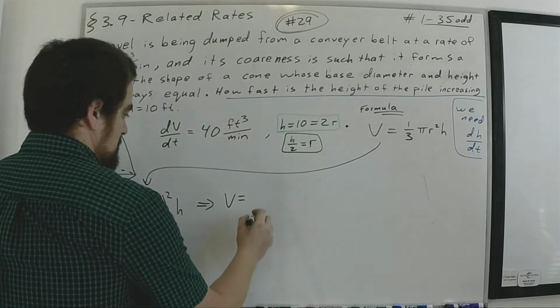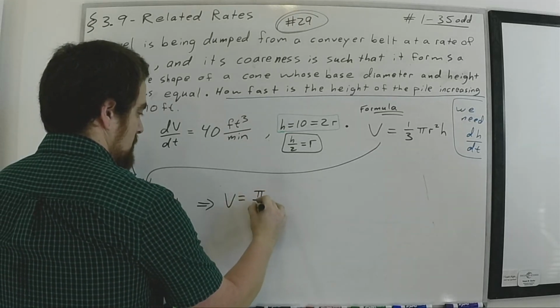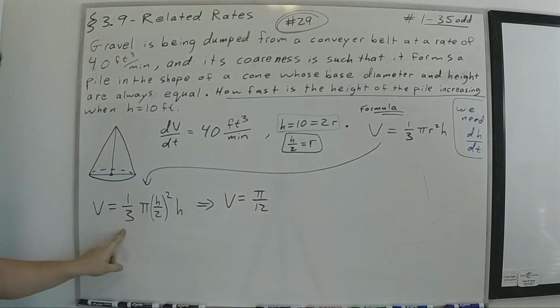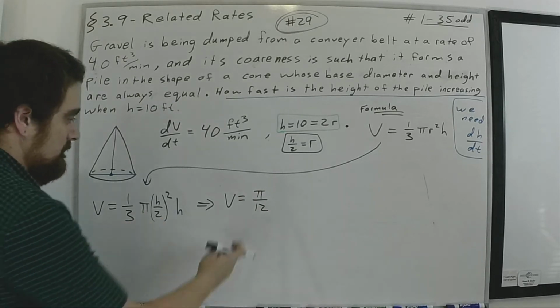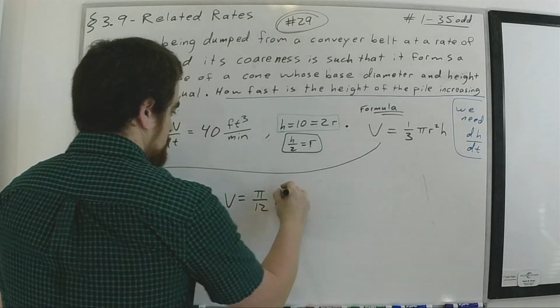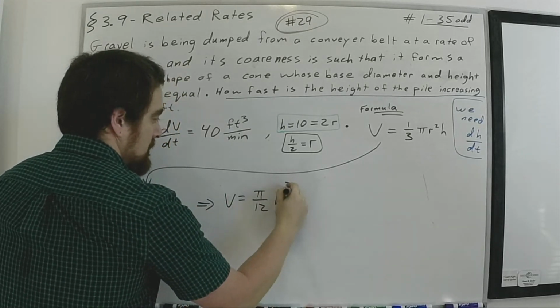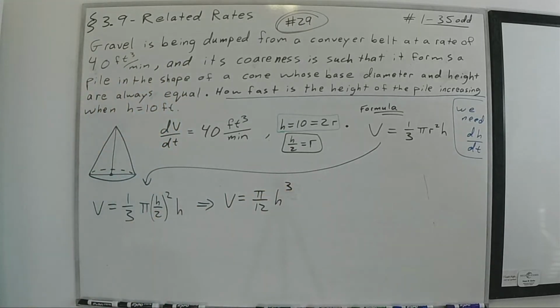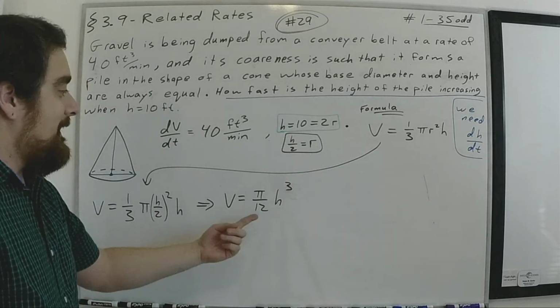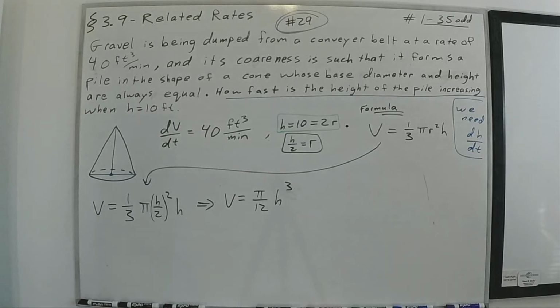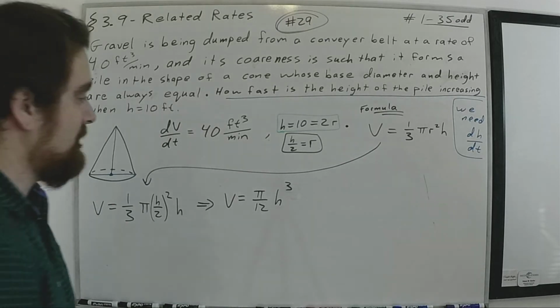Then there's this 3 down here, and I'm multiplying by pi. So I'm going to rewrite that as pi over 12. Right? Pi is a multiple up top. 3 times 4 on the bottom is 12 on the bottom. And of course, h squared times h is h cubed. So I'm really just trying to simplify that formula down so that now I can differentiate it and it's not going to be too much of a pain in the butt. So let's do that. Let's differentiate it.